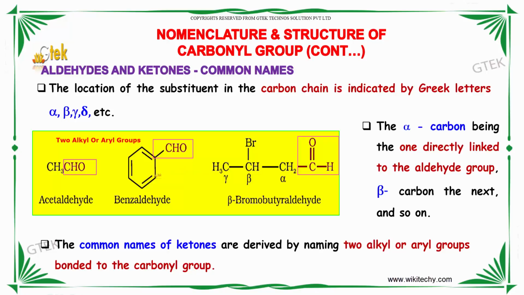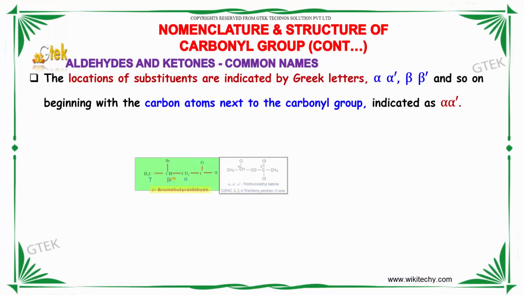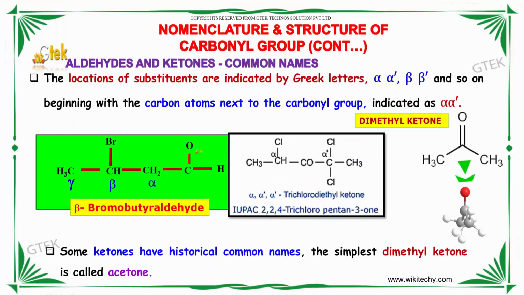The common names of ketones are derived by naming the two alkyl or aryl groups bonded to the same carbonyl group. The locations of substituents are indicated by Greek letters alpha, alpha dash, beta, beta dash, and so on, beginning with the carbon atoms next to the carbonyl group, indicated as alpha, alpha dash.